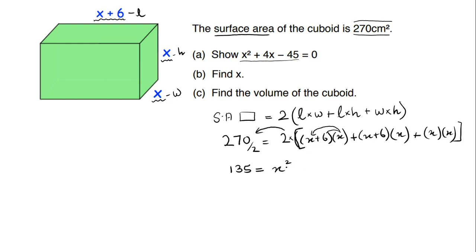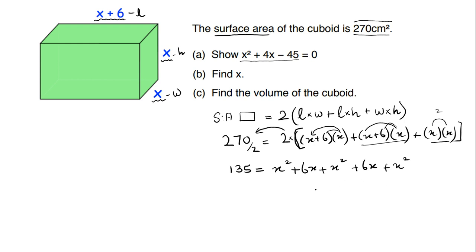So x times x is x squared plus x times 6 is 6x, and then this part is done. Now I have to move on to this one. Again, x times x gives me plus x squared, x times 6 gives me plus 6x, and then there is another plus x times x, which gives me plus x squared.